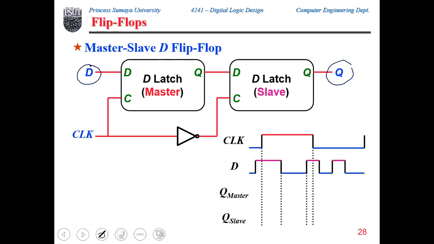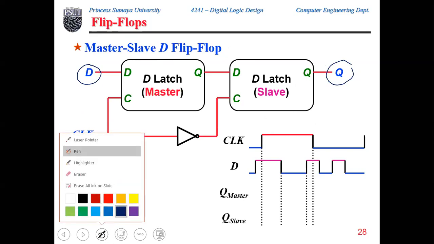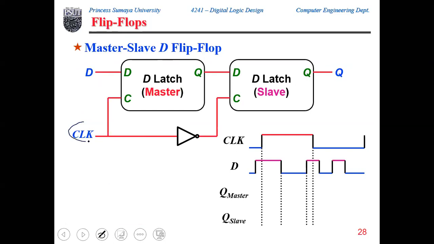Let's try to analyze this circuit. If you look here, the two latches that we have are clocked by the same clock. However, one of the latches has its clock connected directly to the external clock, and the other latch has its clock input connected to the complement of that clock.